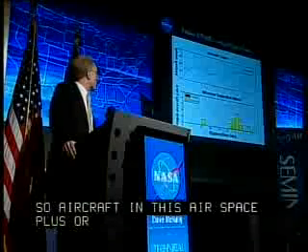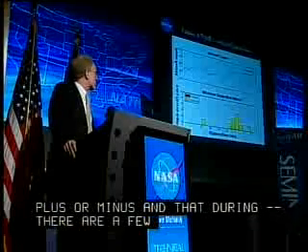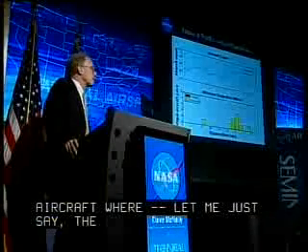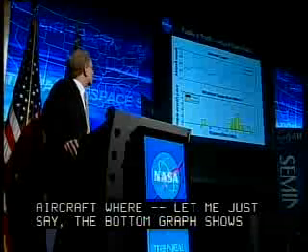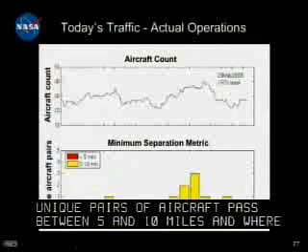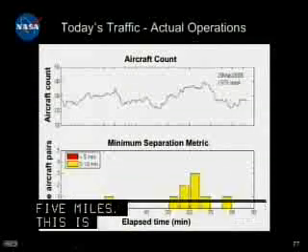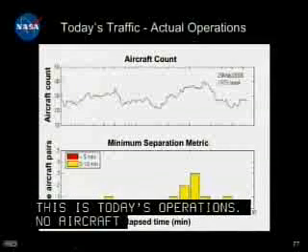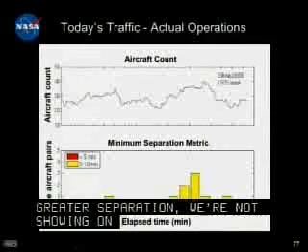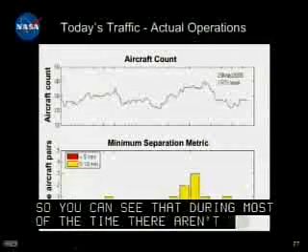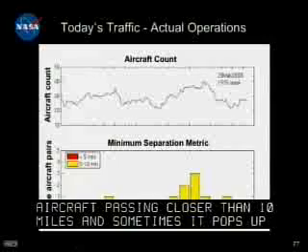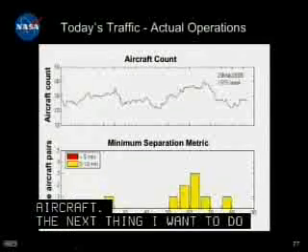The bottom graph shows the number of instances where unique pairs of aircraft passed between 5 and 10 miles, and where aircraft passed with less than 5 miles. Of course, this is today's operations, so no aircraft passed with less than 5 miles. The aircraft that passed with greater separation we're not showing here. So you can see that during most of the time there aren't any aircraft passing closer than 10 miles, and sometimes it pops up to where there are a few aircraft. The next thing I want to do is show an open loop simulation. Next slide.